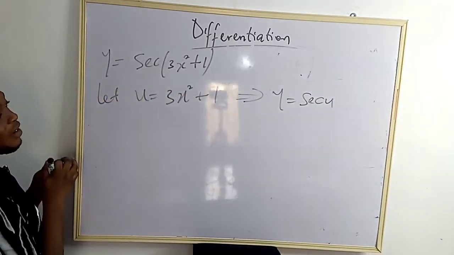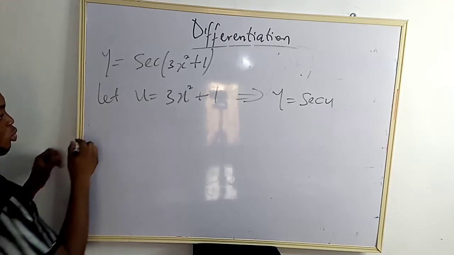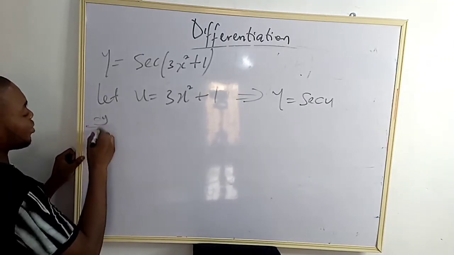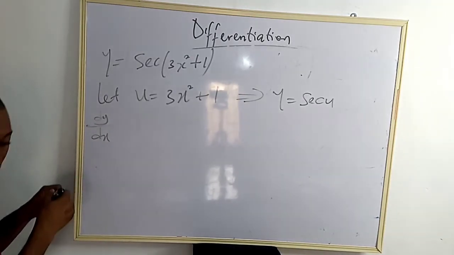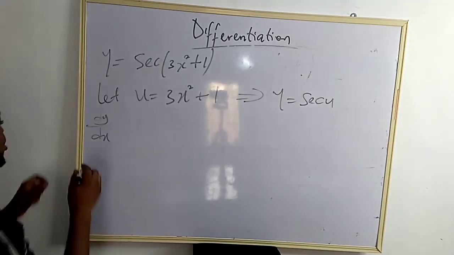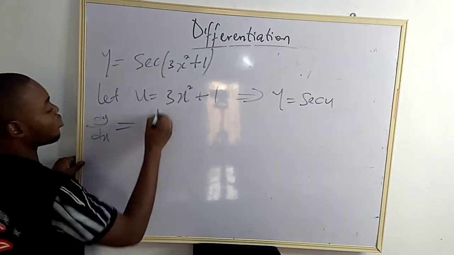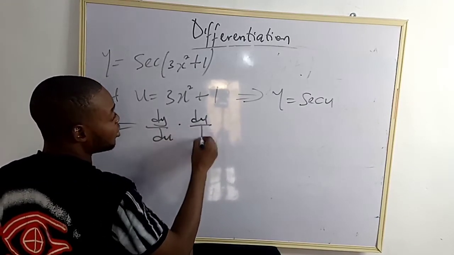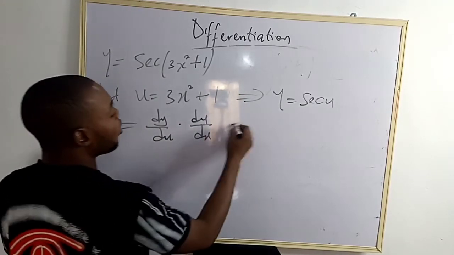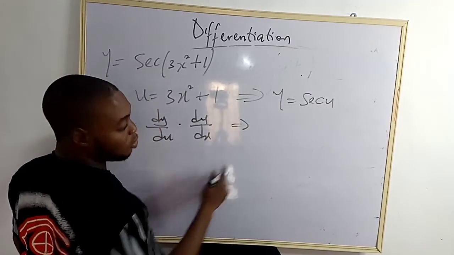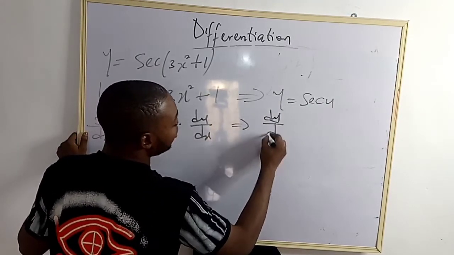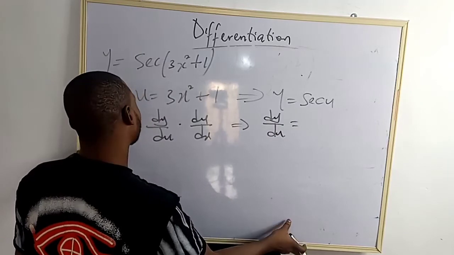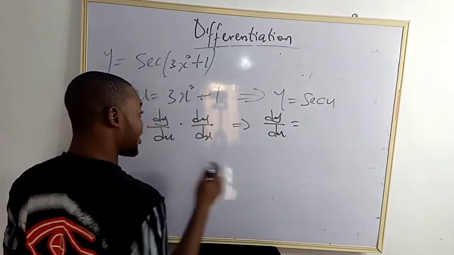So using the chain rule, we know that dy/dx will be equal to dy/du times du/dx. Our y is equal to sec u, which implies dy/du will be equal to the derivative of sec u.